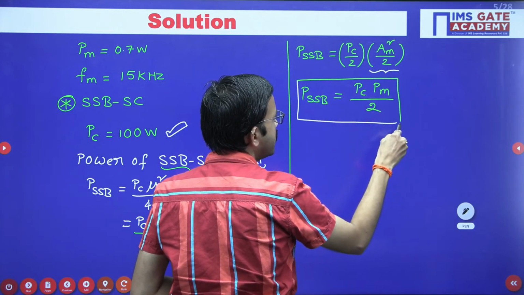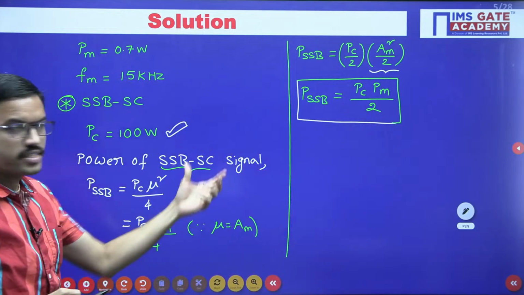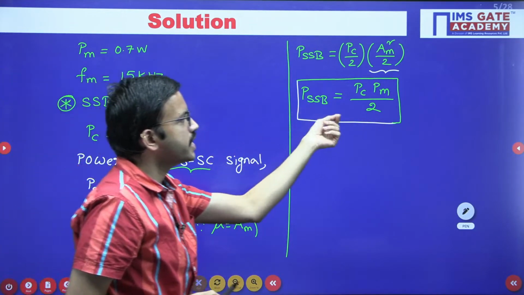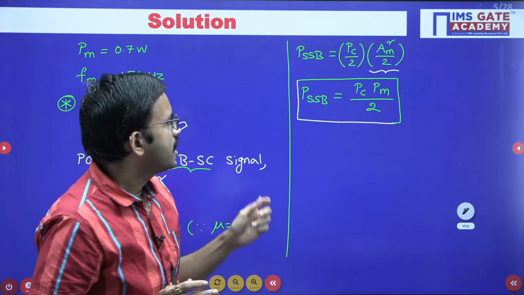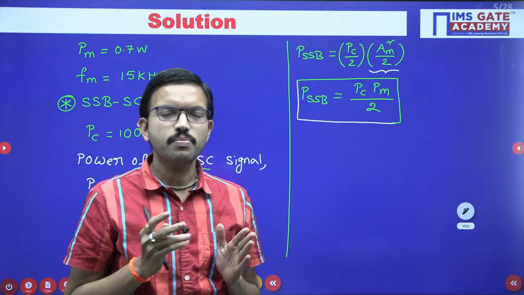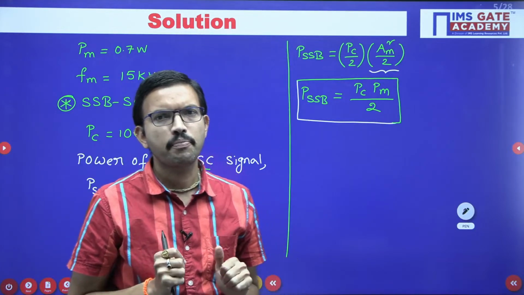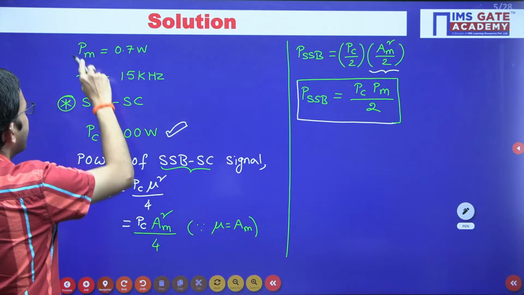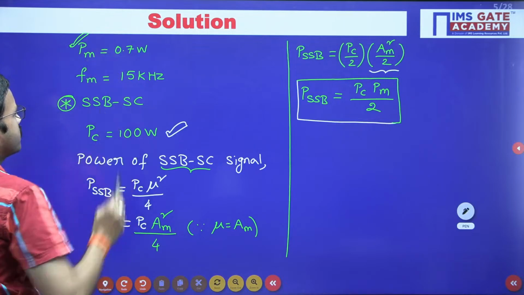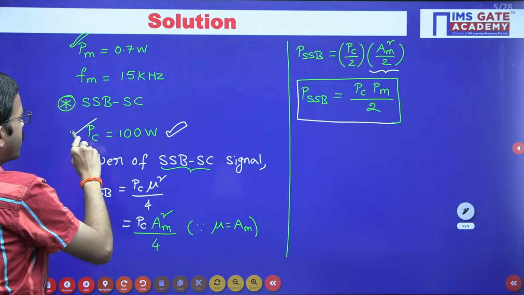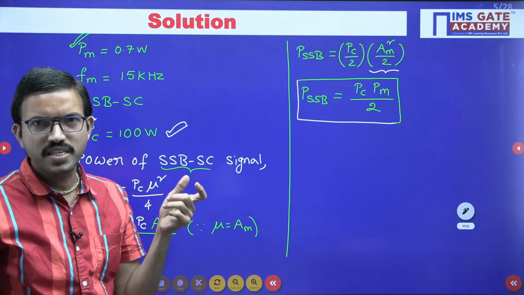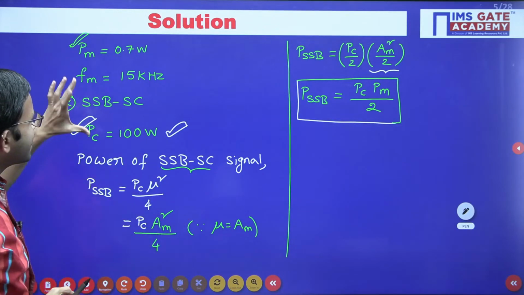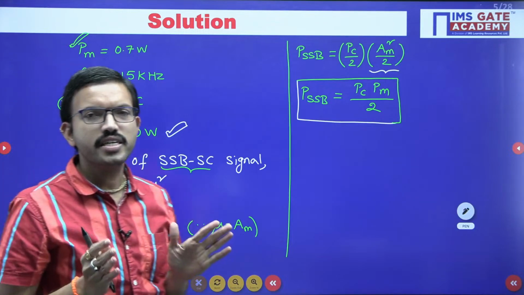For understanding purposes I have written all these steps, but you can directly write this step. It is very simple. Your DSB-SC signal is just the product, or multiplication, of the message signal and the carrier signal. The message signal has power P suffix M, and the carrier signal has carrier power P suffix C. Since we multiply the message signal and carrier signal in DSB-SC, you multiply the respective powers.